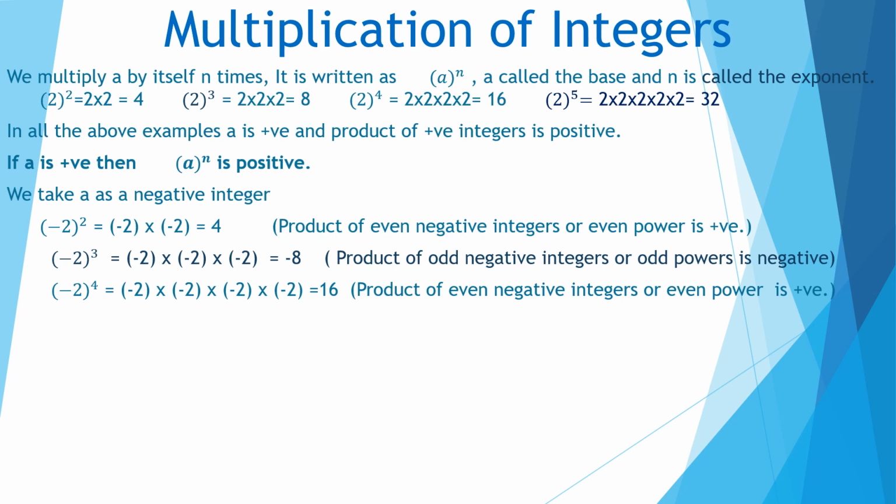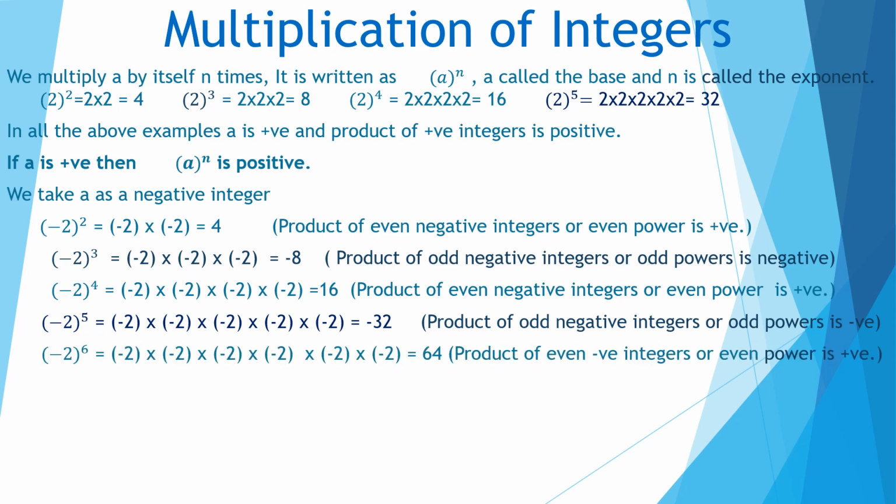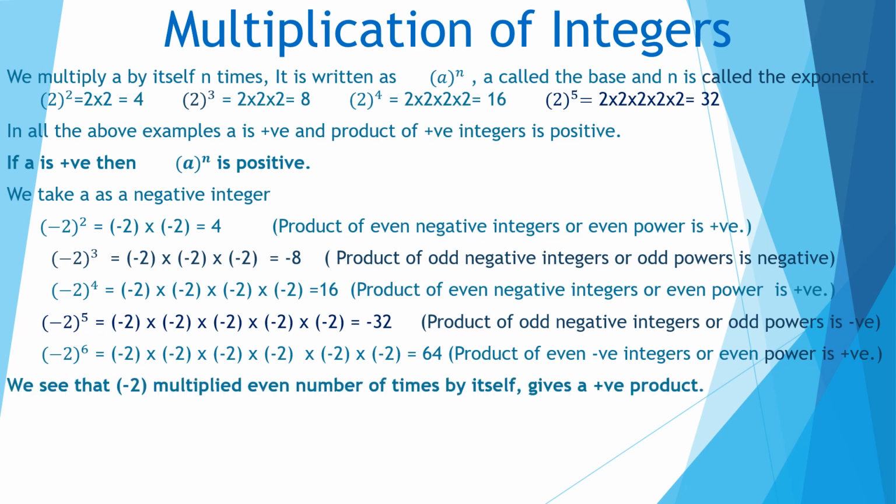Product of even negative integers, the result is positive. Minus 2 raised to the power 5, product of odd negative integers, and so the product is negative. Minus 2 raised to the power 6, product of even negative integers, so the product is positive.